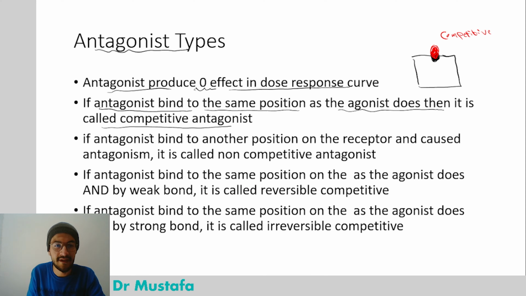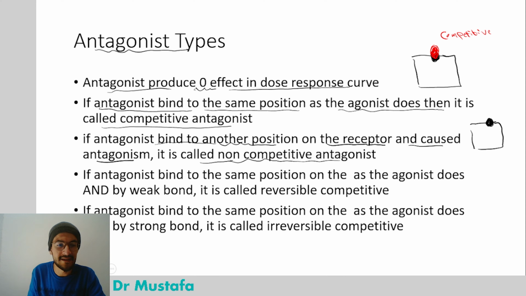If the antagonist binds to another position on the receptor and causes antagonism, it is called a non-competitive antagonist. So let's say we have this receptor and the agonist binds here.